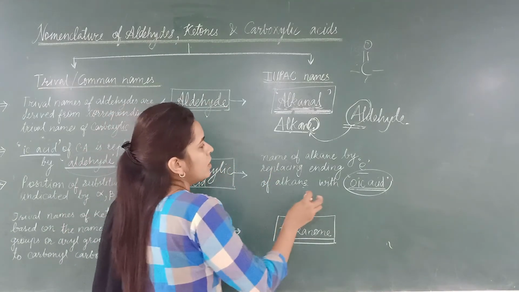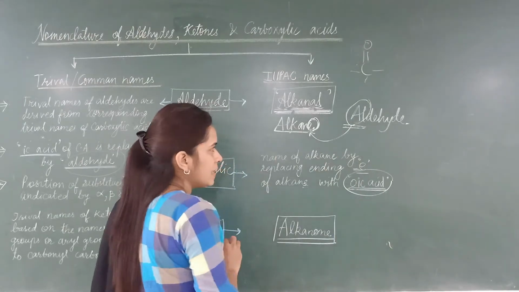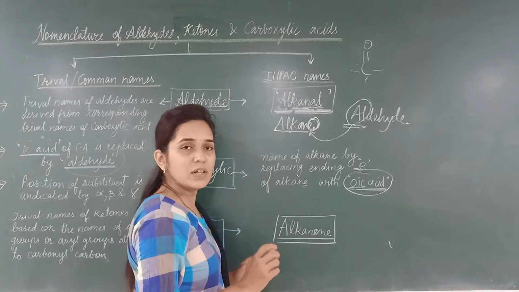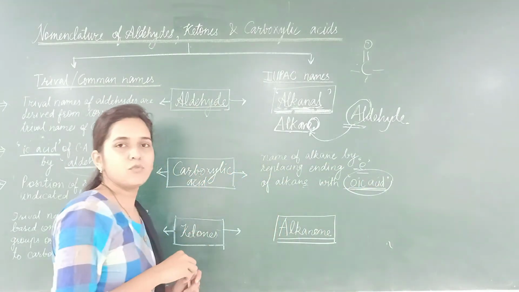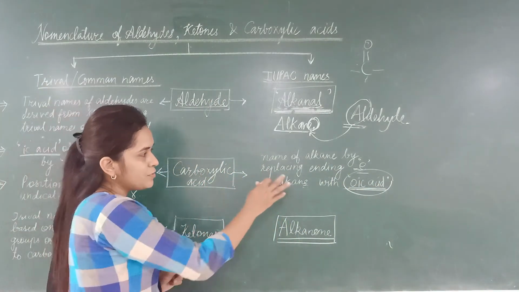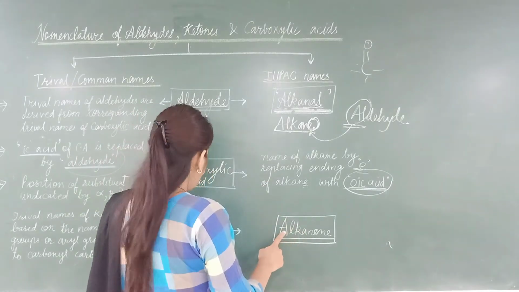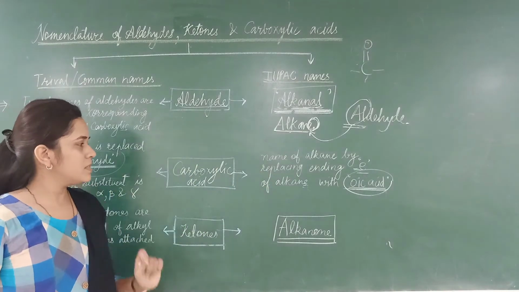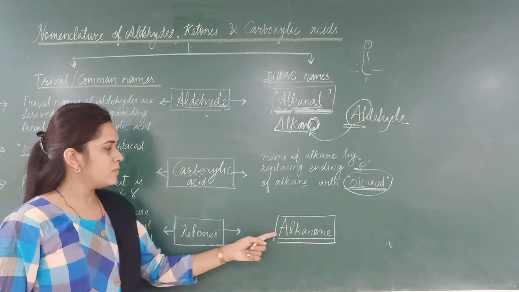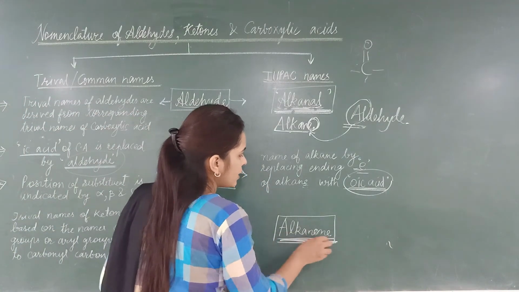And for carboxylic acid, the E of alkane, if it is replaced by oic acid, then it will be the name for that carboxylic acid, and it is fixed. In case of ketones, here I am mentioning the IUPAC name. The format of a ketone is alkanone.